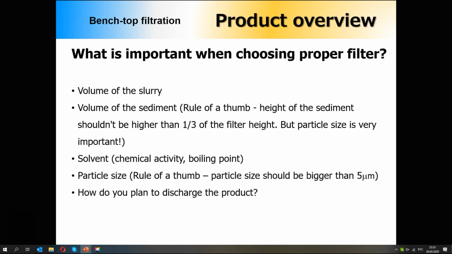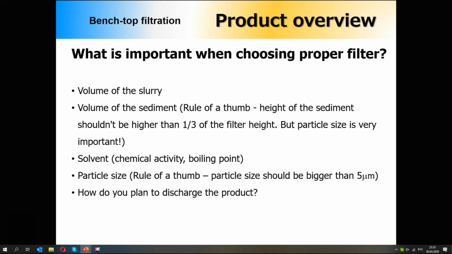So I asked her what is the volume of that dirt, those small particles, and she said that the total volume of the dirt is maybe 300 milliliters. So the volume of the sediment is very, very small. I told her that there's no need to purchase a 300 liter filter.